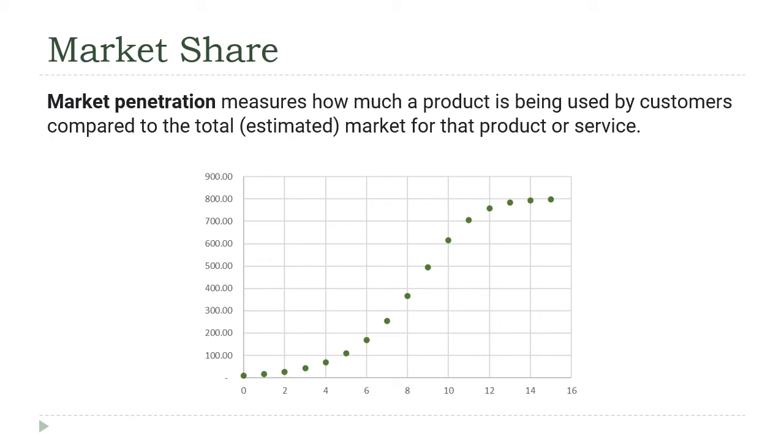In the early stages, we get very rapid growth up until somewhere around t equals 9, where we reach what appears to be an inflection point, right? And when we get past that point, the growth tapers off, right?